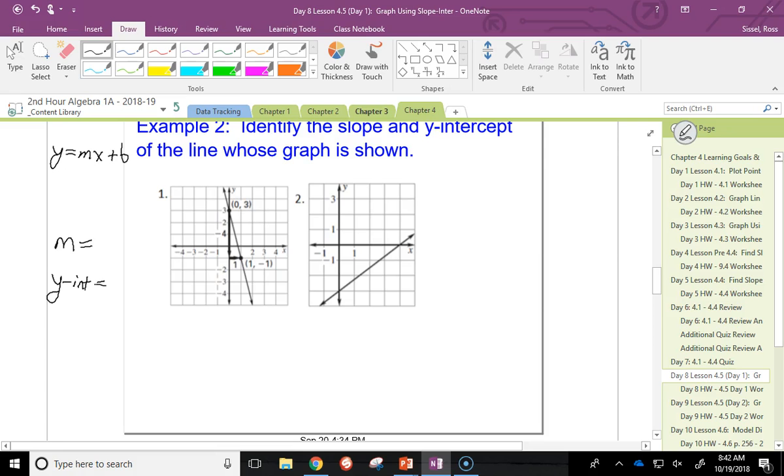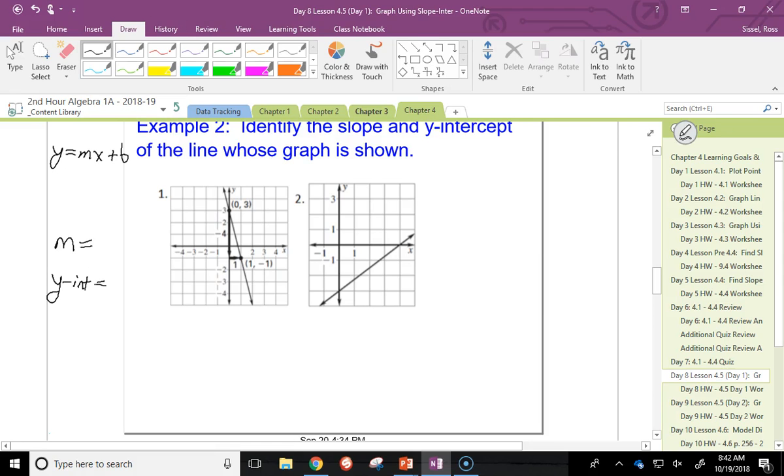I'm looking at my graph. Is there anything I know right away just looking at this graph? What's that, Hassan? Is it 1 and -1? Is what 1 and -1? Maybe. Let's talk about what I see for sure.